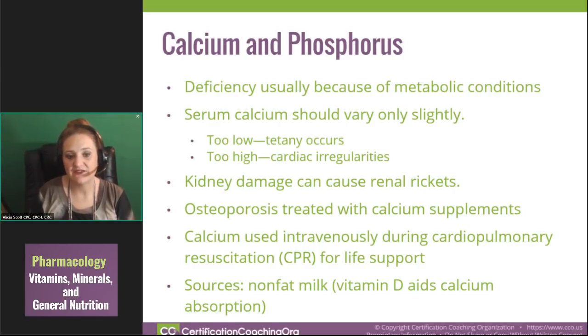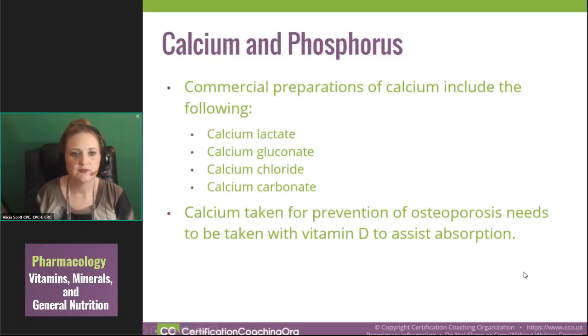If a person is having a cardiac arrest, their heart stops, they give them calcium to pump that heart and get it going again. Also, just know that most milks have added vitamin D in them. You'll see that all the time, right? A lot of cereals now have that.